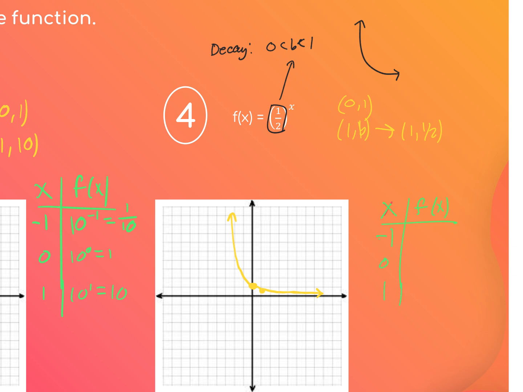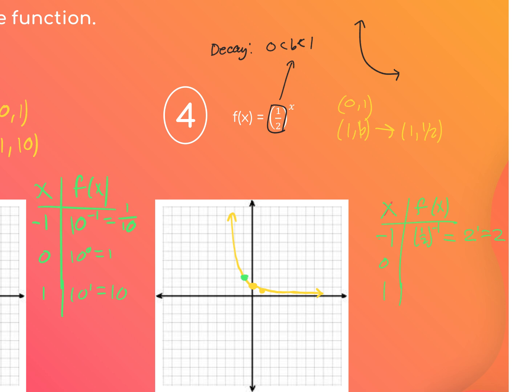And for -1, I know that I have a 1/2 to the negative first power. Remember, the -1 is not going to flip the exponent, I'm sorry, it's going to flip the fraction. So it's going to become 2 over 1, which is just 2 to the first power, and 2 to the first power is just 2. So that's going to get us our extra point at -1, 2, right there.